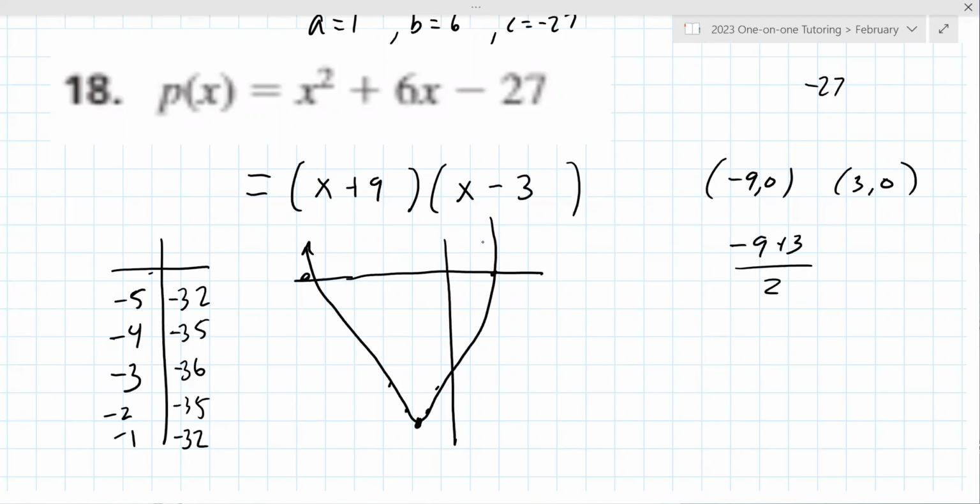The range is y is greater than or equal to negative 36. And then the x-intercepts are negative 9, 0 and 3, 0.